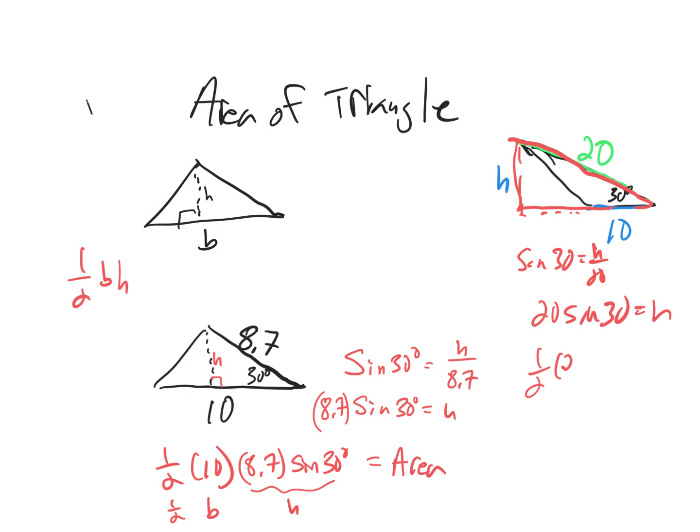I guess I can't erase that. 1/2 times 10 times 10, I think, because that's what h would be. So that would be an area of 50. But that's one specific answer. I'm trying to build the formula. So what the formula is, let's take a look at this another way.